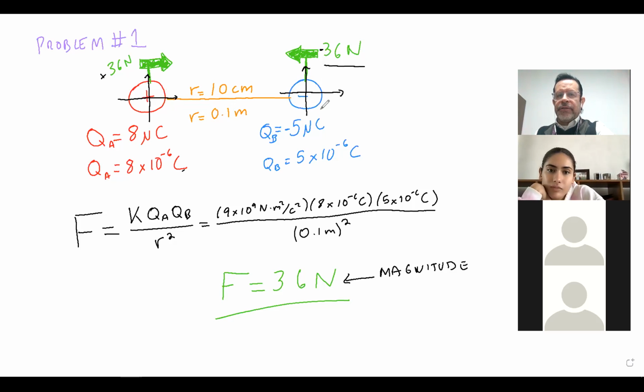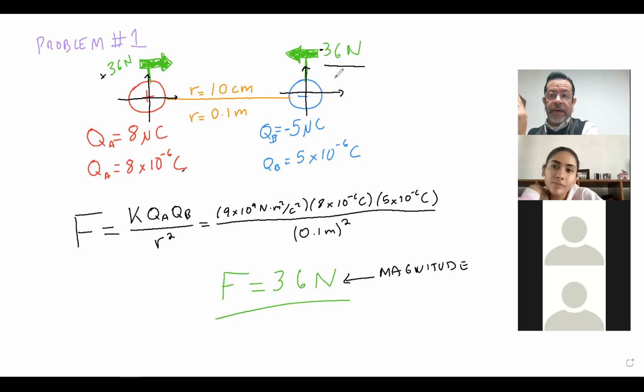I'm looking here at the negative charge, then the force is going to the left, right, Andrea? And so if it's going to the left, the sign of the force would be negative, because in the free body diagram, the left is negative and the right is positive. Are we okay up to that point?